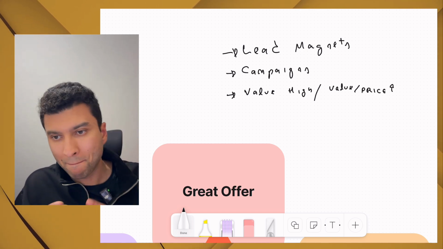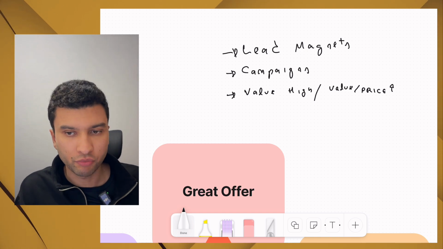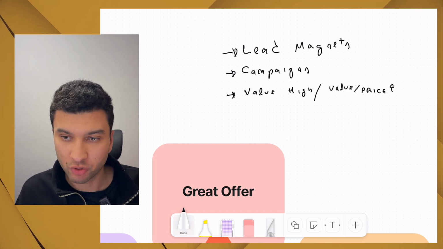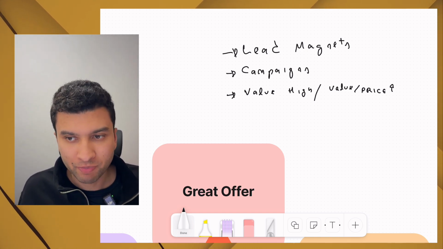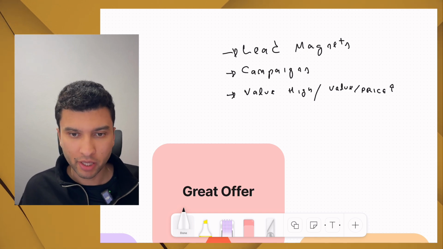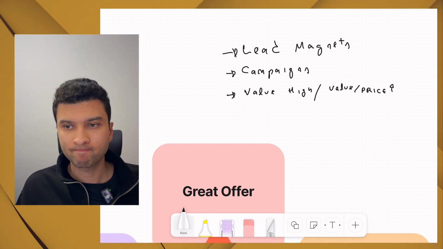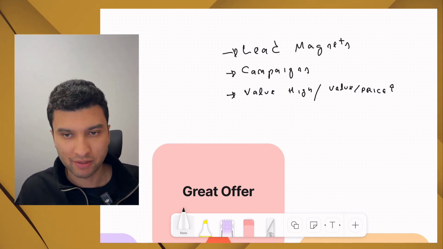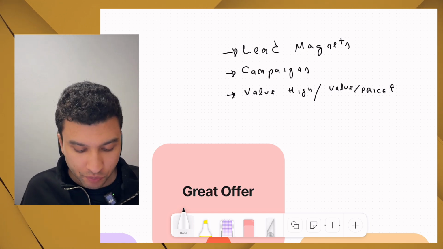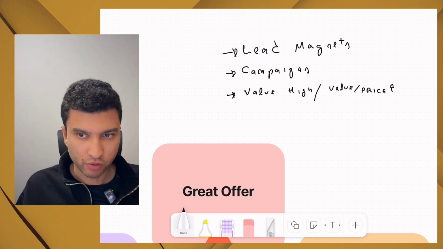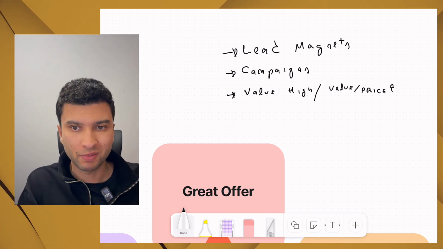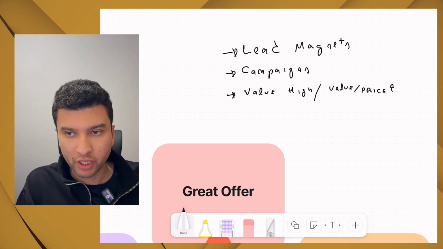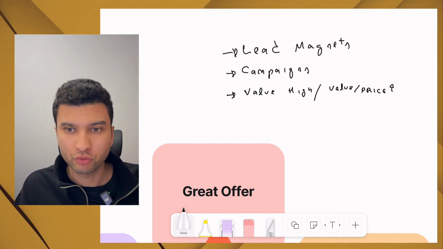So whatever they pay you, it needs to be really valuable for them so that they actually feel like it's a great offer, right? And especially in the competitive markets, this can become a little bit harder because there are a lot of people running similar campaigns and you need to figure out how you can stand out. But a great front-end offer is going to be one of the easiest things that you're going to have and that you need to actually run profitable campaigns.